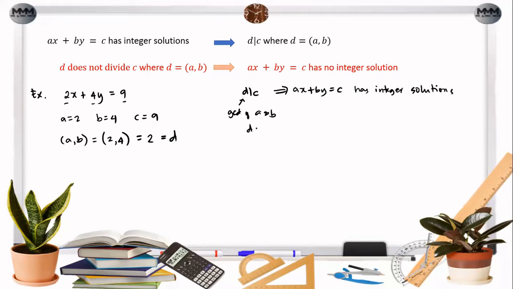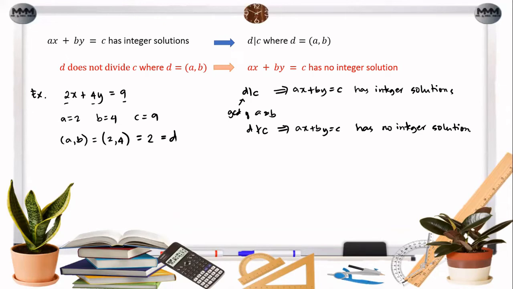However, if d does not divide c, this means our linear Diophantine equation has no integer solution.